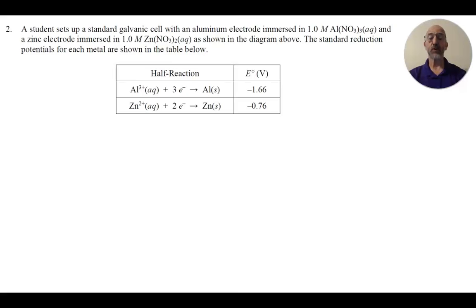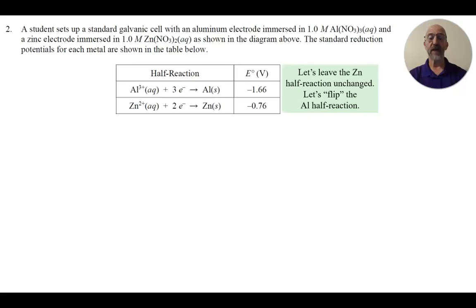So if I choose to reverse the aluminum half reaction, then that cell potential will change from negative 1.66 volts to positive 1.66 volts. And then that will ensure that when I add the two cell potentials together for the half reactions, I will get a positive number for the overall cell potential for this galvanic cell.